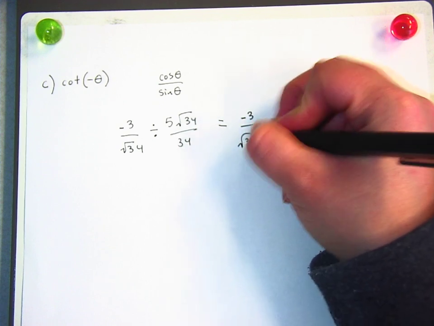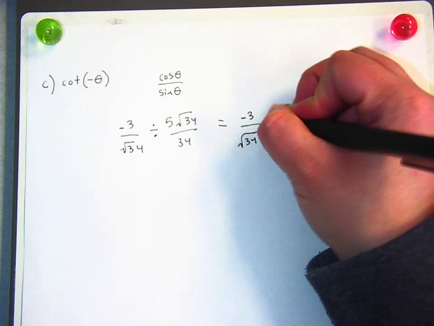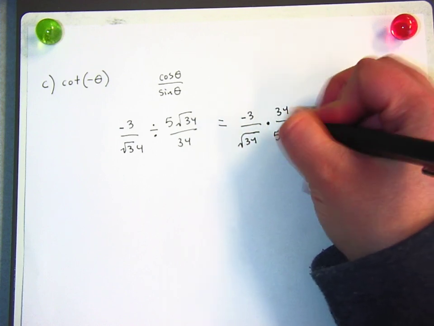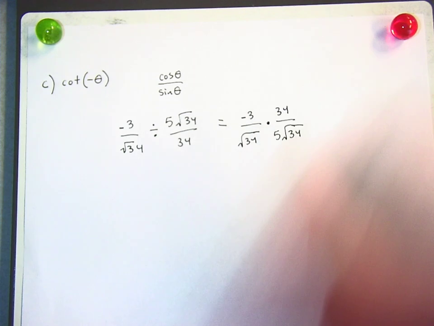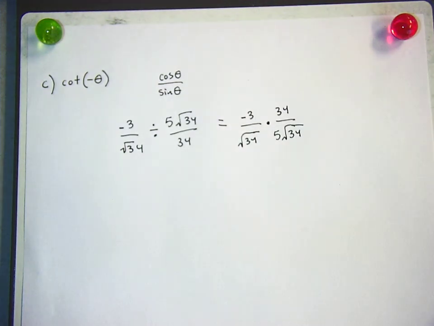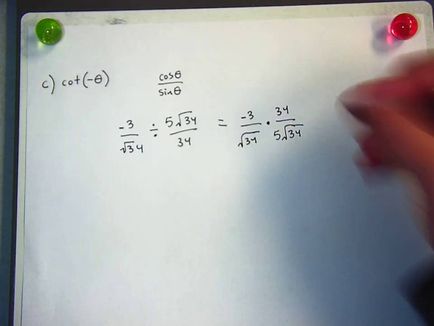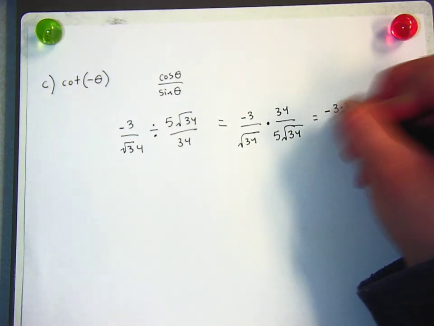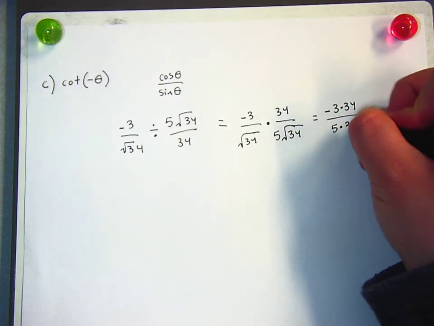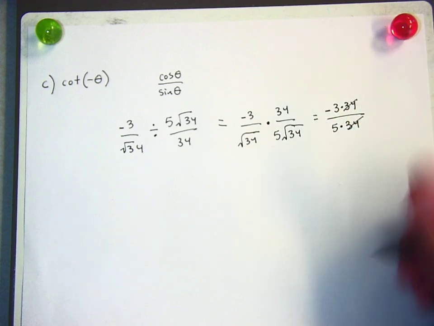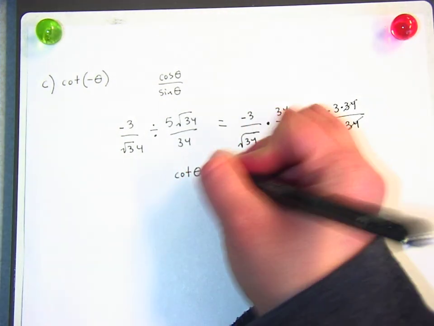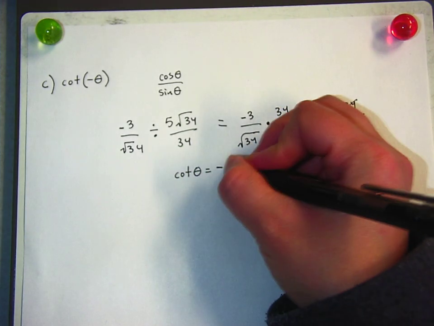Multiplying what? Right, so this would be 34 over 5 times the square root of 34. What's the square root of 34 times the square root of 34? Just 34. So this is negative 3 times 34 on top, and on the bottom is 5 times 34. And I can just cross off those 34s, and I end up with cotangent of theta equaling negative 3/5.